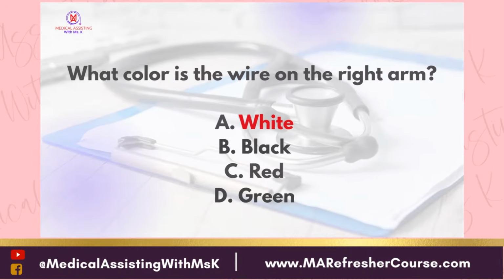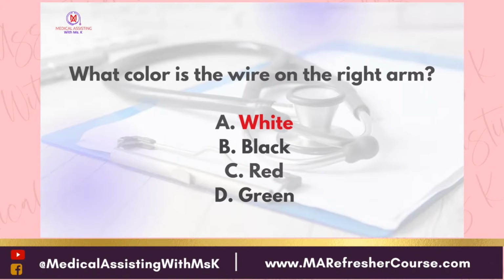Okay, yep. So if you said white, you are correct. White is your right arm. Black is your left arm. Red is your left leg. Green is your right leg.